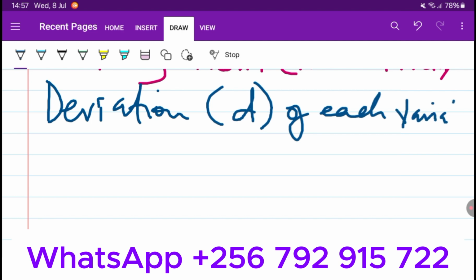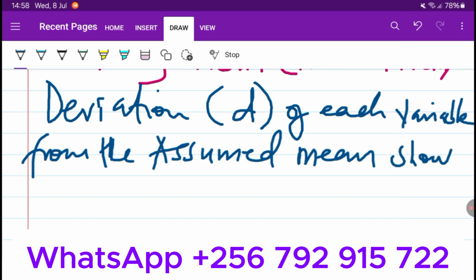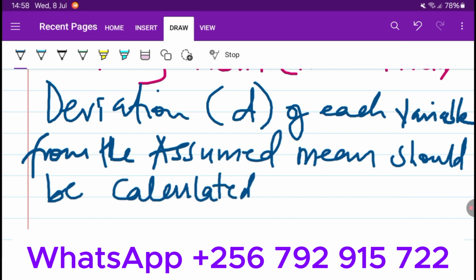We get the deviation of each variable from the assumed mean. The deviation d of each variable from the assumed mean should be calculated or found. And how do we get that?